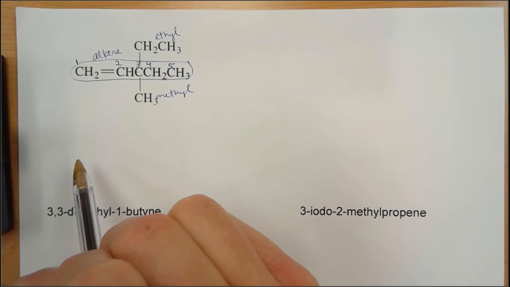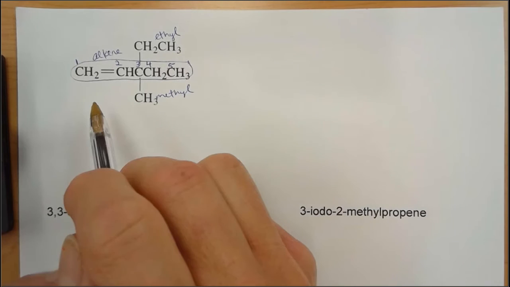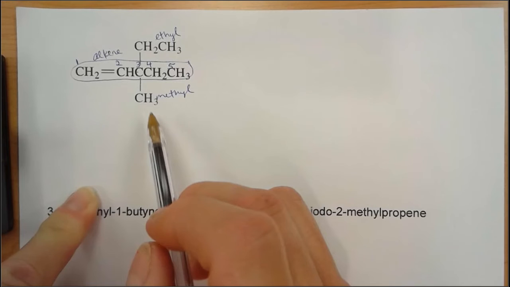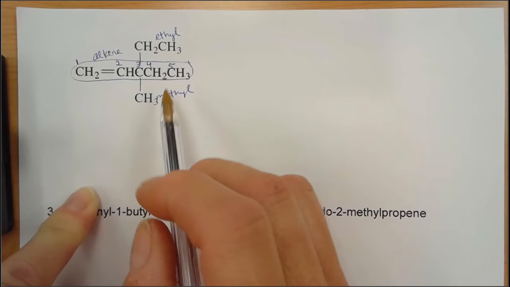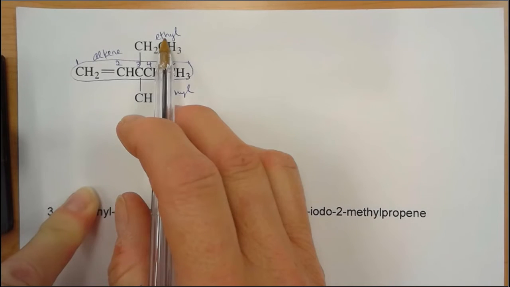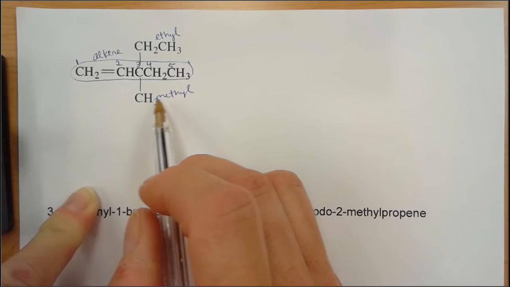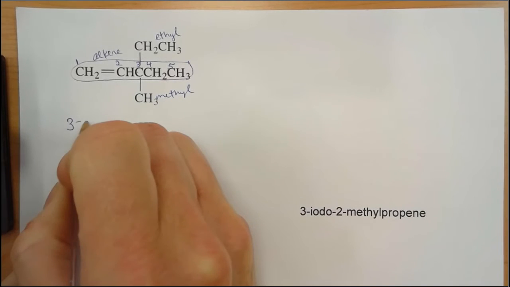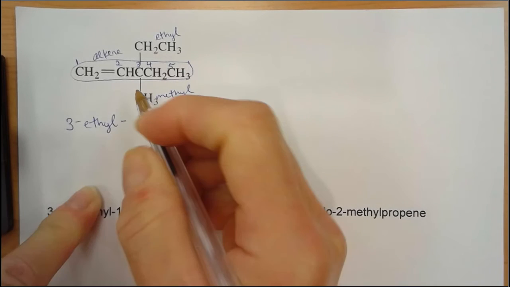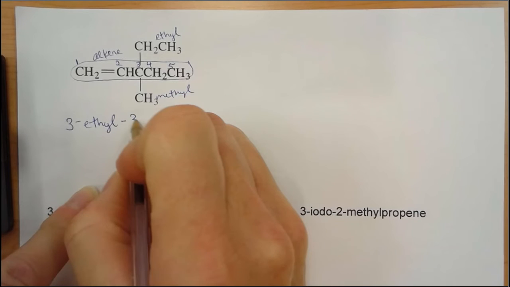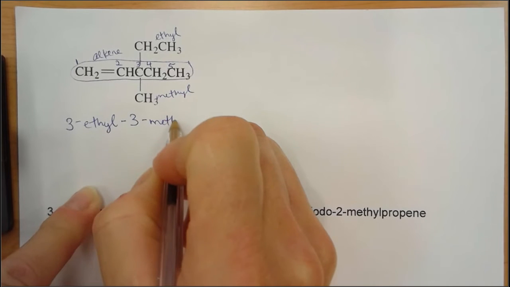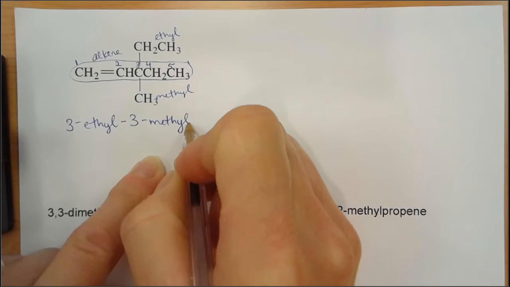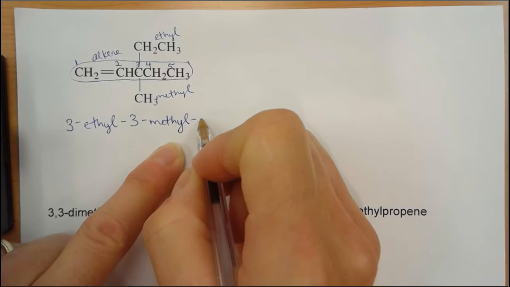So let's go to the naming. Ethyl becomes the first thing that will be written because E comes before M. It's on the third carbon, so we will put 3-ethyl, dash, 3-methyl, dash, 1-pentene.